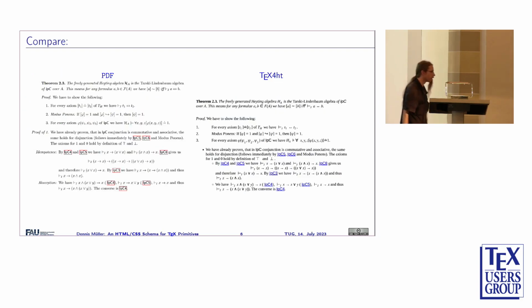But let's compare. Anyway, here's one document that I managed to get to work with PDF LaTeX, RusTeX, TeX-to-HTML, and LaTeX-ML. My undergraduate thesis, actually. So this is the output that you get from TeX-to-HTML. Looks reasonably well, but one thing that you might notice is I have a theorem here, and that theorem has a proof, and that proof has 3 steps, and then I have a list that starts with proof of 1.